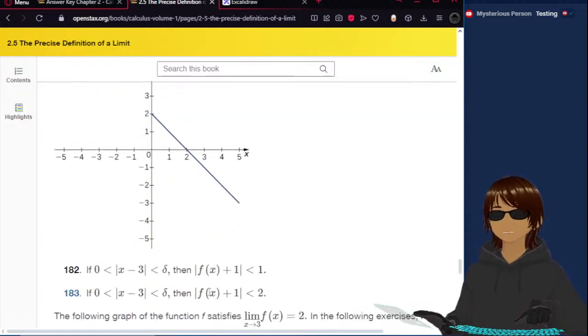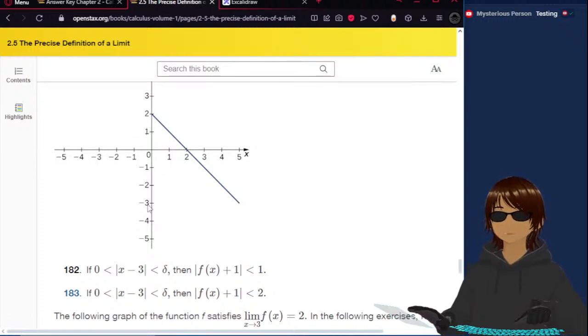But this one, f of x plus 1 is less than 2. Should it be minus 1? F of x minus 1 is less than 2. So it's between plus 1 and negative 3. So there is a difference of 2.